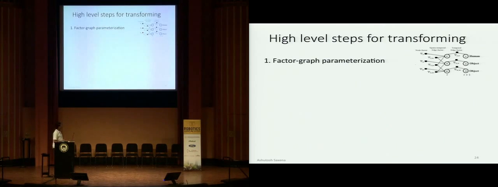The way it works is that you first come up with a factor graph parameterization. Now, that is not actually a probabilistic model. It's just telling you to take a problem and figure out the different components that go in there and write it down in the form of a factor graph. A factor graph for a human tracking problem would be very simple.